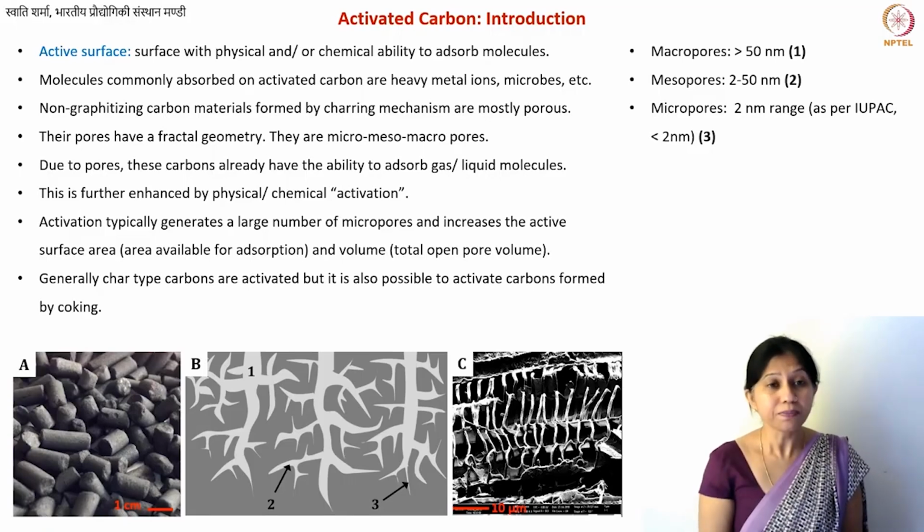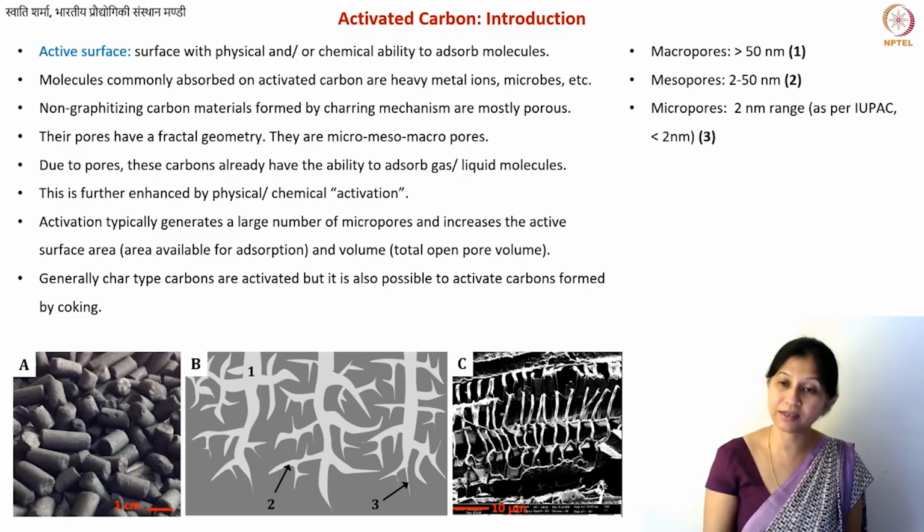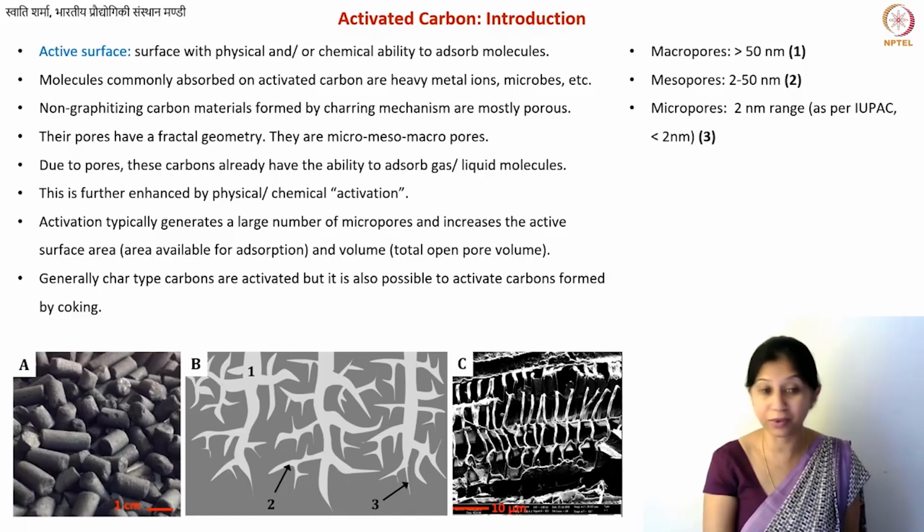Okay. Now, as I mentioned, we are doing this artificial activation in many cases. So what you can also do is activate glassy carbon, or other types of carbons, and then you can also call them activated carbon. The point is that there is no point in doing it, because if we want to use this material as an adsorbent, then we need to have these open and percolated pores.